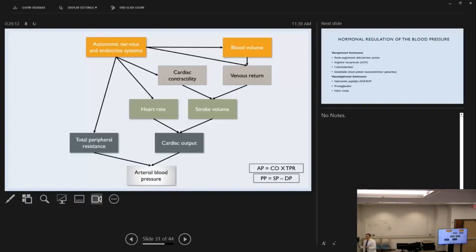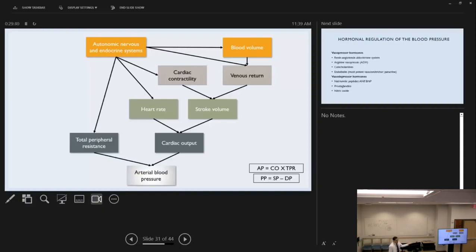That will depend on the amount of sympathetic or parasympathetic control, or the hormones or neurotransmitters, the presence of hormones that will promote an increase or decrease in pressure. So that's more autonomic and endocrine control.